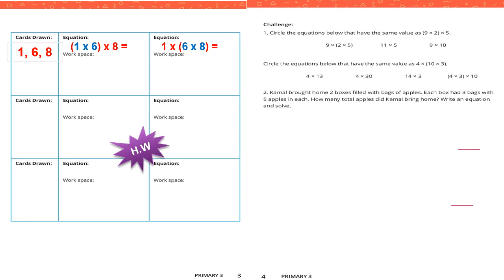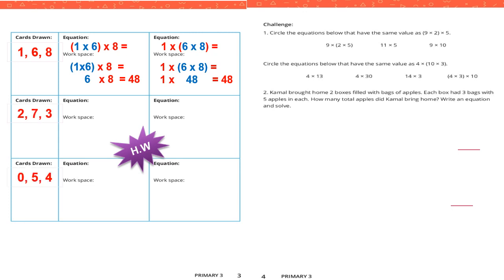The first one, 1 times 6 equals 6. 6 times 8, 48. We studied it in table 6. In the second way, 6 times 8, 48. 48 times 1, 48 also. Okay, they have the same product here. The next two cards, I'll give you numbers and you will solve them as homework.